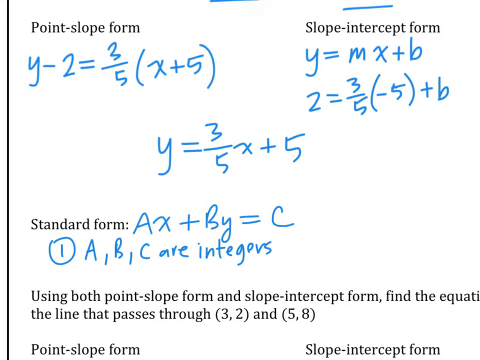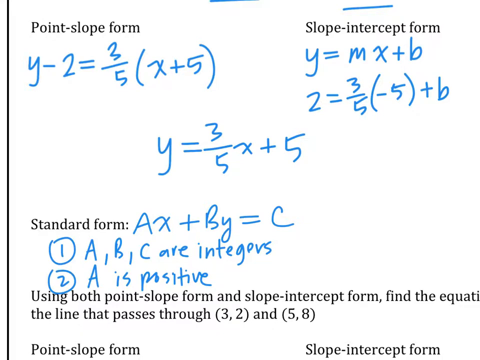No. Is 1/2 an integer? No. We have to change that. So a, b, and c, all of your coefficients are integers. Second, a is positive. So there's a lot of requirement on a. A has to first be an integer. Second, it has to be positive.